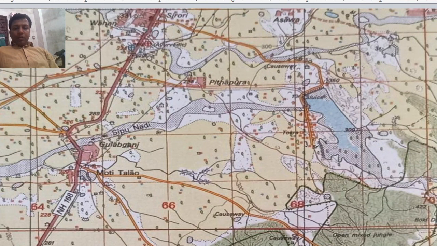If you want to find any place, like Gulabganj, and in your question it is written, where is Gulabganj in a four-figure grid reference? So how do you have to go through it?